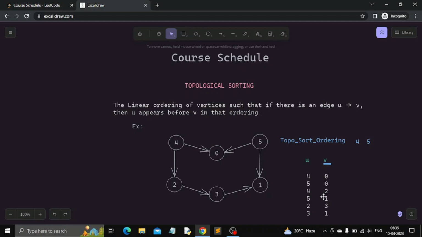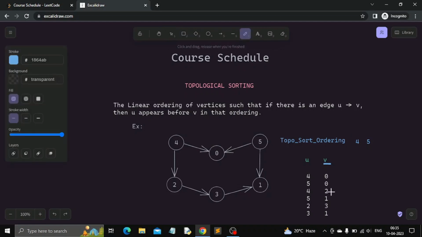On checking, as you can see, node 2 is only dependent on node 4, as we are already done with node 4. So the next vertex that we can write can be node 2.